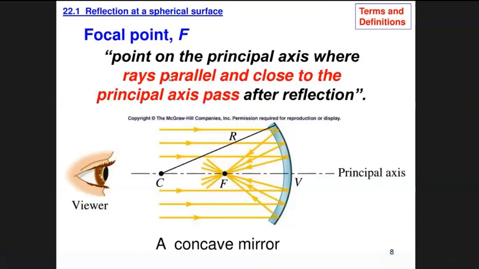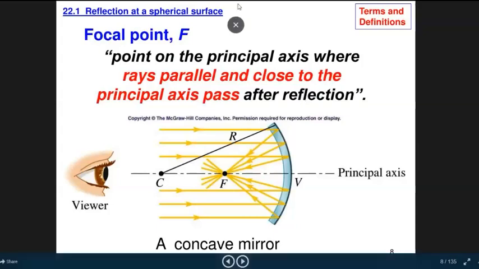A point on the principal axis where rays parallel and close to the principal axis pass after reflection from the mirror.